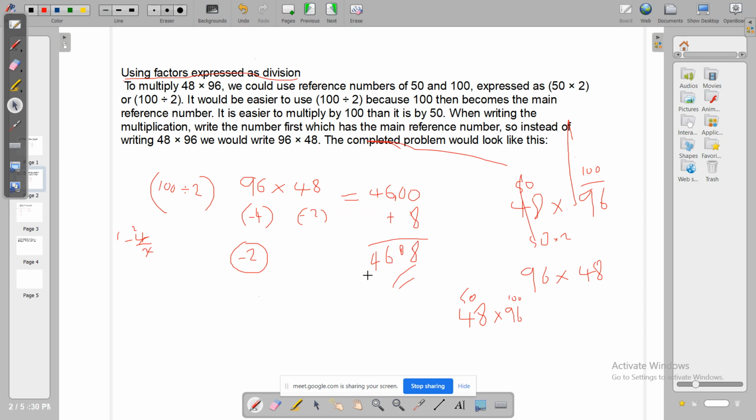So instead of that, this question will be 96 times 48. My main reference number is 100 here. If I want to get 50, the second reference number, it will be 2 divided by 100 is what? 50, right?